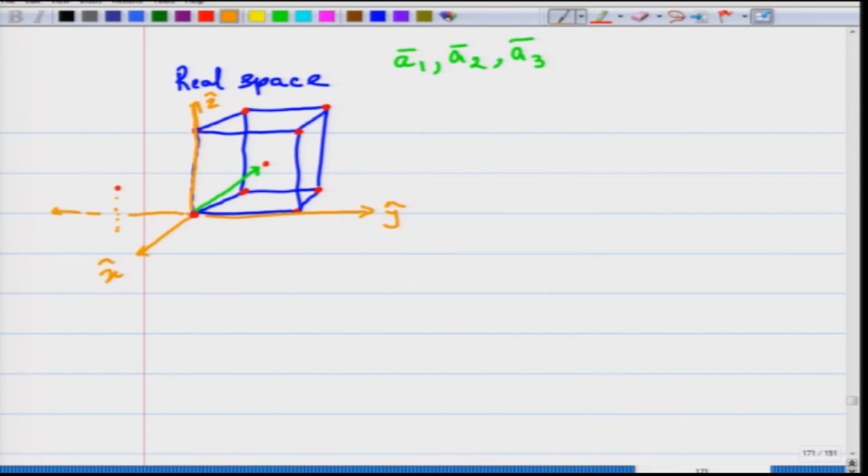So, this is a point in the minus x, plus y and plus z direction. Then there is another point in the plus x, minus y and plus z direction. And this point is in the plus x, plus y and minus z direction. So, this is your third vector a3.